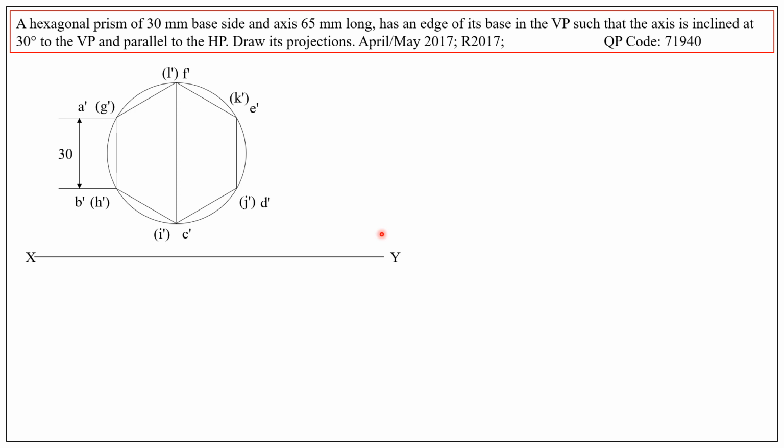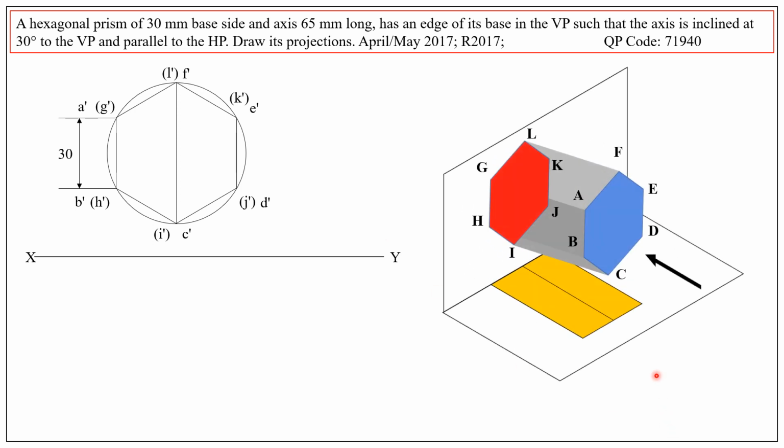Obtain the corresponding top view now. So what is the top view? It is nothing but a rectangle. Project the front view. From each and every corner point in the front view, projectors are drawn.